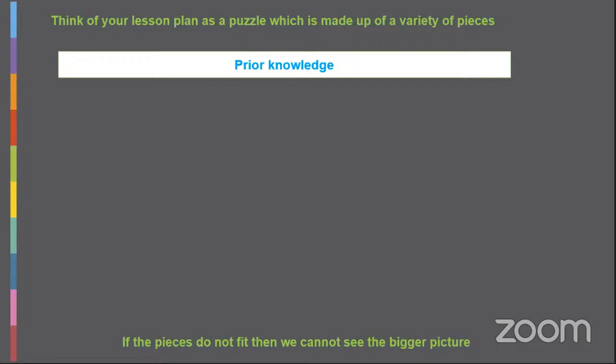Then we find prior knowledge, right? And prior knowledge is not something that you're going to just get from your head. You have to engage with the CAPS document here. So if you're teaching a grade 5 class, you need to go to the annual teaching plan for the grade 4 learner, and you need to find out where this topic has been covered.